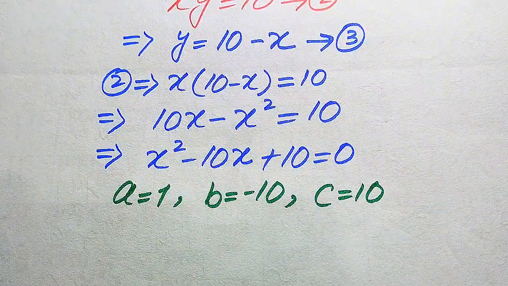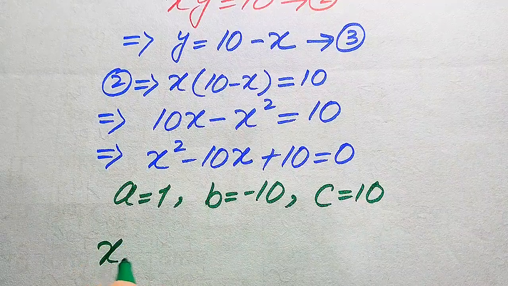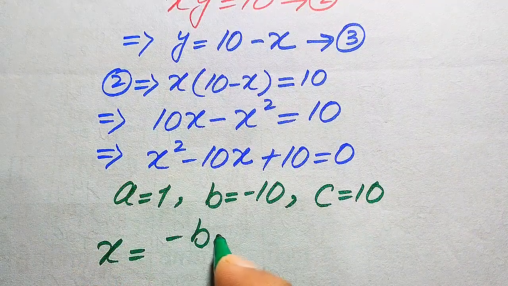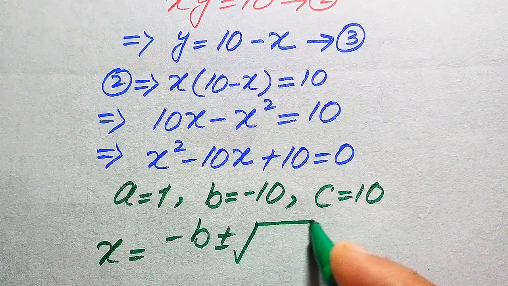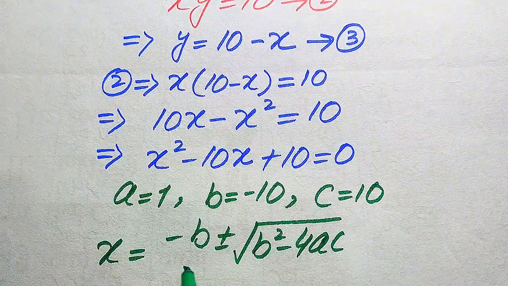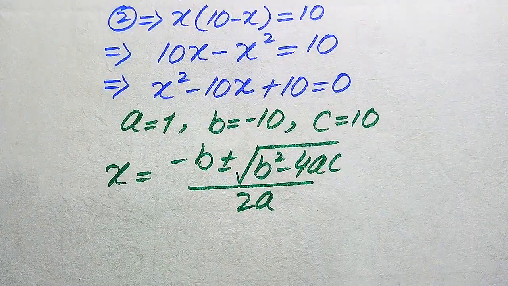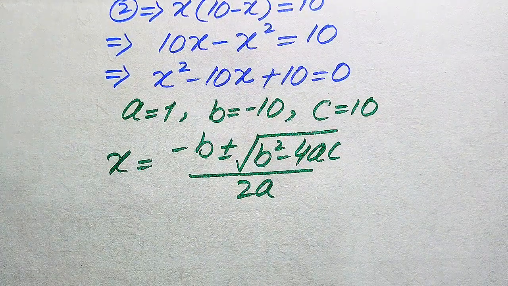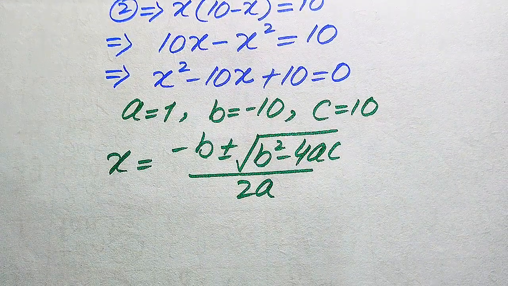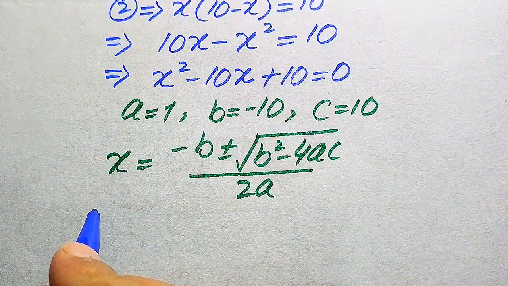So these are the coefficients of the above equation, and here we state the quadratic formula as x equals minus b plus minus square root of b square minus 4 times ac, divided by 2 times a. So this is our quadratic formula, and now we need to substitute the values of a, b and c in this formula.